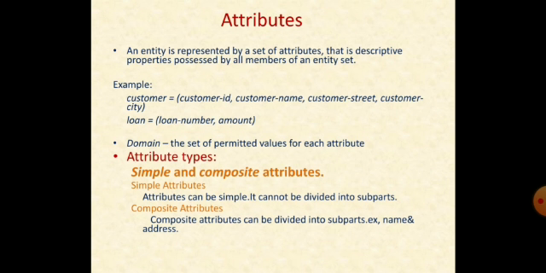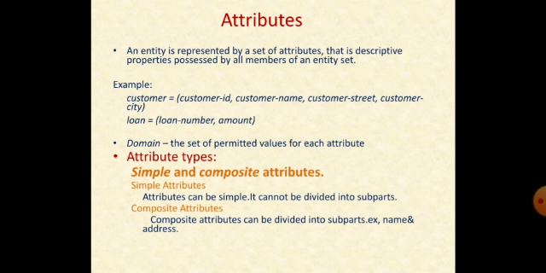Customer ID, customer name, customer street, and customer city are all attributes of the entity set customer. Similarly, loan is an entity set. It has the attributes loan number and amount. So these are attributes, and attributes can have various types.